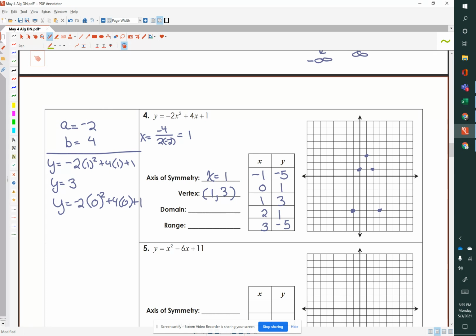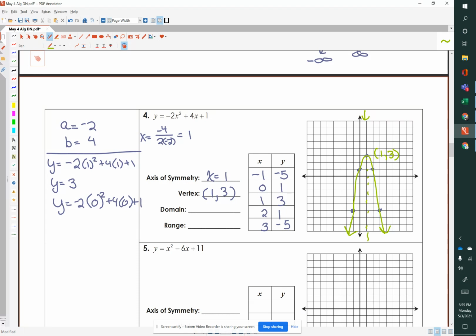And we'll connect that with a smooth line. So this is, as we see, a downward facing quadratic. We've got that vertex of 1, 3. Our axis of symmetry, you can see, is actually here, x equals 1. Right there, right through.